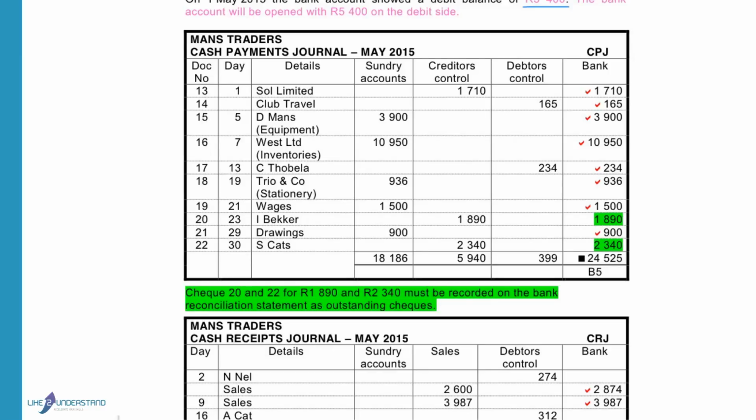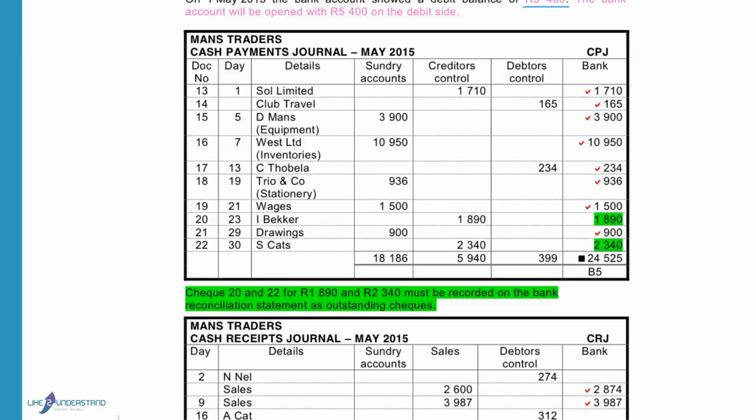All these figures with the red ticks are the ones that appear in the bank statement. If I see that a figure in the bank column corresponds with a figure in the bank statement, I will tick it.